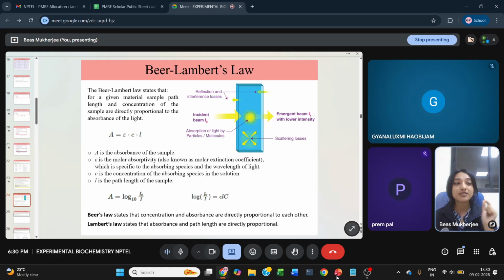Beer's law states that the concentration and absorbance are directly proportional to one another, and Lambert's law tells that the absorbance and path length are directly proportional to one another. Another thing is, log of I naught by I is equal to ε × L × C, right? That is the value for A, or absorbance, that we are substituting.